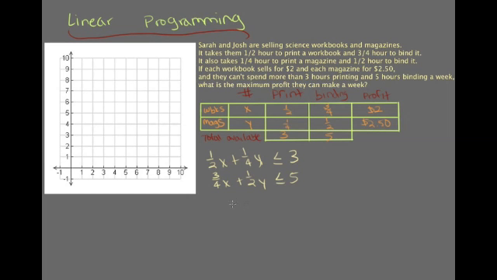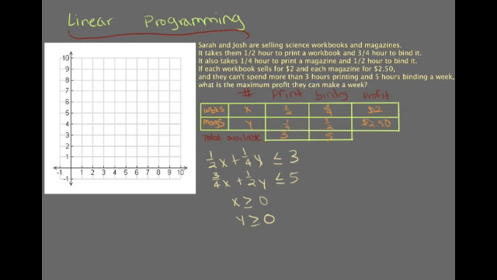So those ones would just be x is greater than or equal to 0 and y is greater than or equal to 0, because you can sell 0 magazines. Because you don't have to sell magazines. If you can make all your money off just workbooks, then great. You don't need to sell magazines, and you will still be making cash.